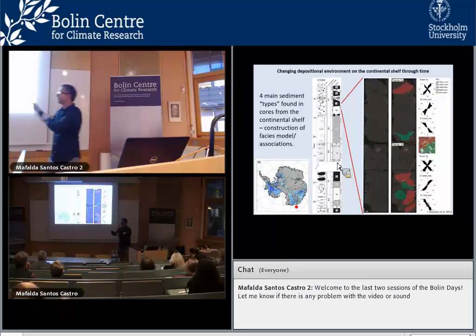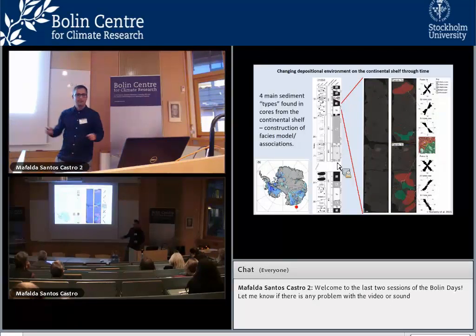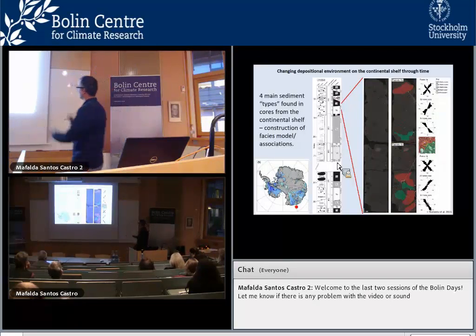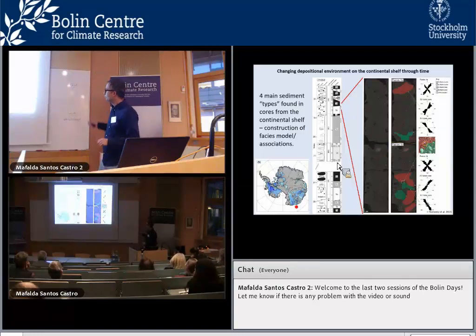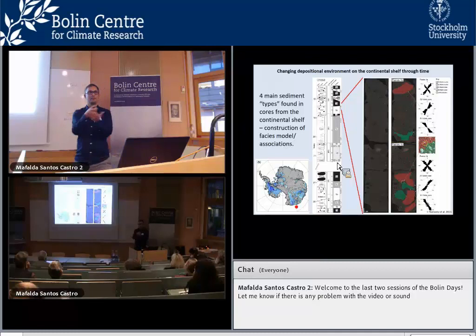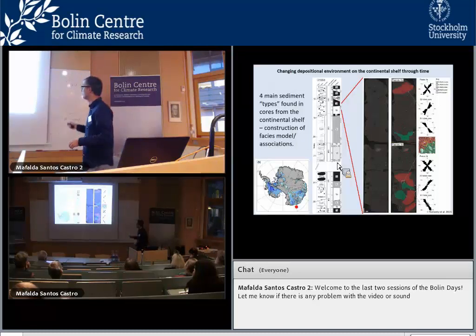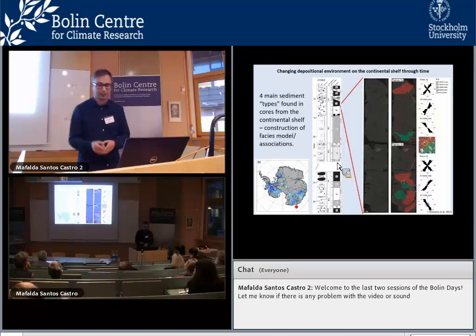If you went to a till section somewhere here in Sweden, you would very likely get this very strong fabric signal. So this is a very good indication that this bit of sediment was deposited at the base of an ice sheet. At this point, the ice sheet must have advanced right close to the shelf edge when this sediment was deposited subglacially.